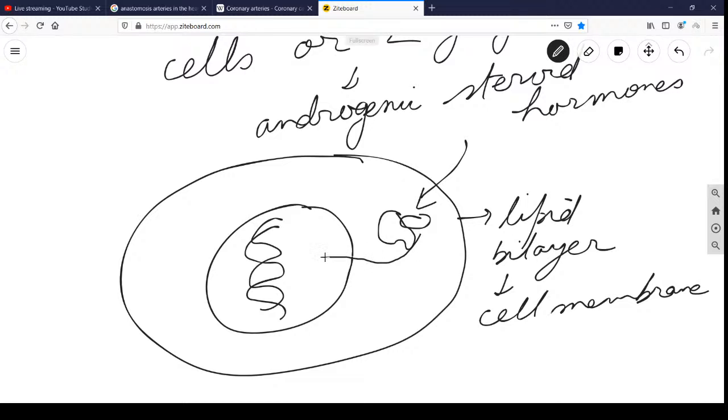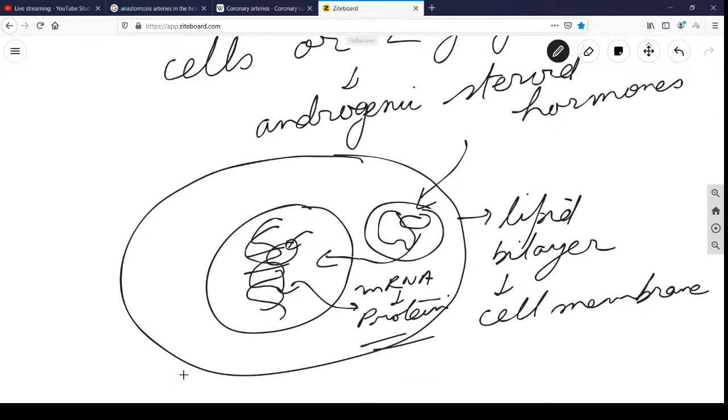Then it migrates into the nucleus, and this complex acts as a transcription factor which recruits RNA polymerase to that specific promoter and causes transcription of that specific gene. That specific mRNA comes out, and then that specific protein is synthesized. This is the way that the androgens, testosterone and DHT, dihydrotestosterone, cause the development and perpetuation of sperm formation and secondary male sexual development. Same for the estrogen as well.